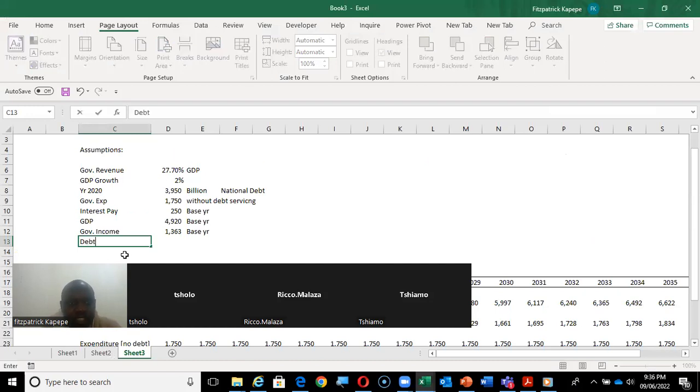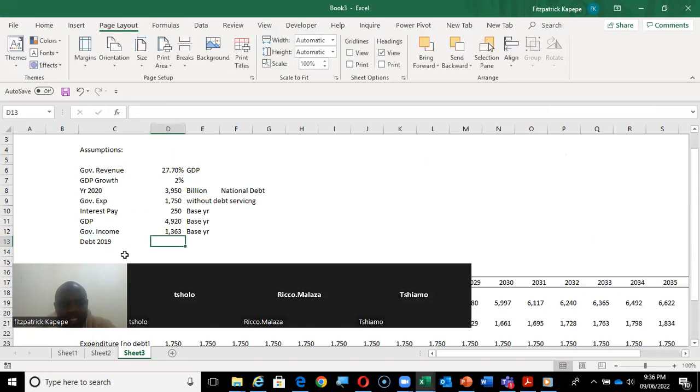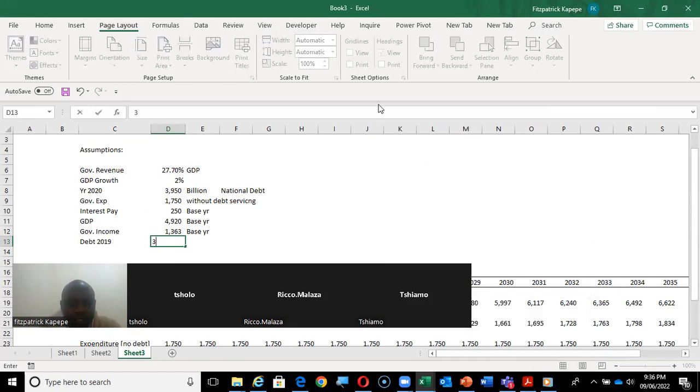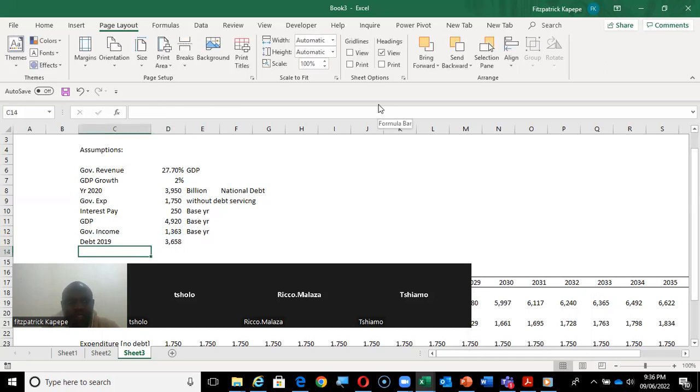So this is debt in 2019, and this was the interest payment, isn't it? Yes.